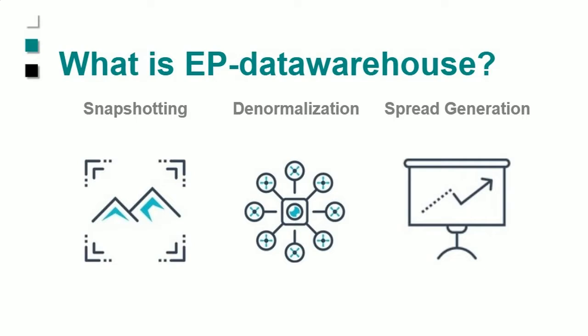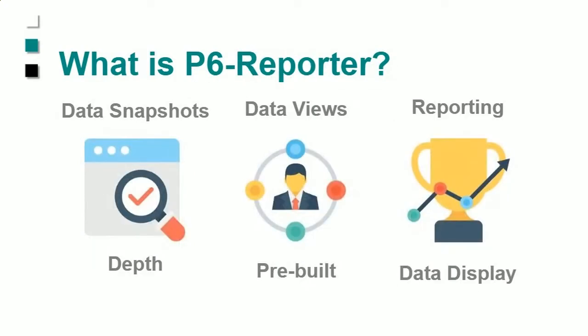So we've built what are called data views that are pre-built, that have a lot of the functions that people are asking for already built into them. If you want project level data with codes, or project level data with codes and their titles, we've already built that, so it's easier to access. Then you push it into your reporting engine, whatever that is.